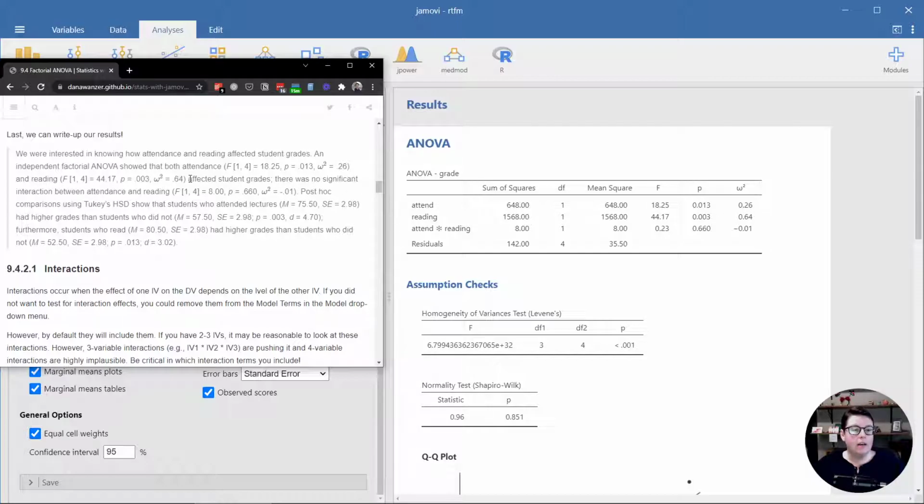And reading affected students' grades. And go back, reading, we have F(1, 4) equals 44.17, p equals 0.003, omega squared equals 0.64.